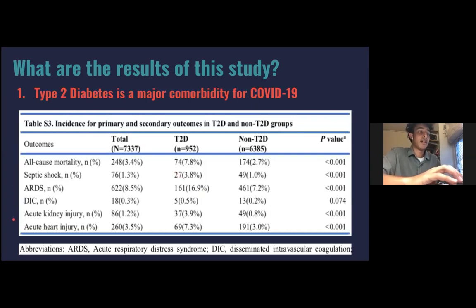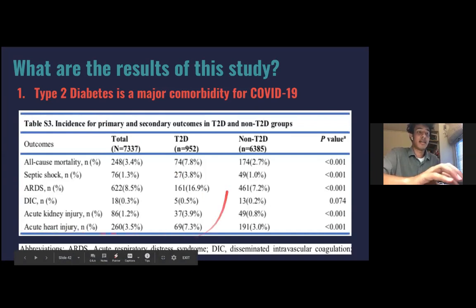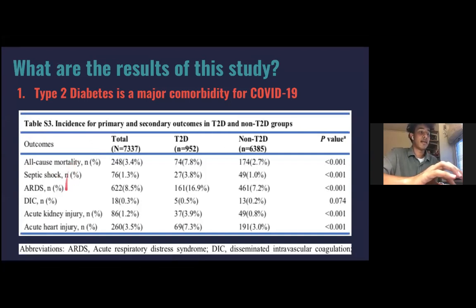they present the outcomes, or the most severe symptoms, that the patients faced. In this table, they're comparing the type 2 diabetes cohort to the non-type 2 diabetes cohort on the basis of outcome. From this table, we can see that for pretty much every severe outcome, the type 2 diabetes cohort are experiencing these outcomes at a much higher rate.